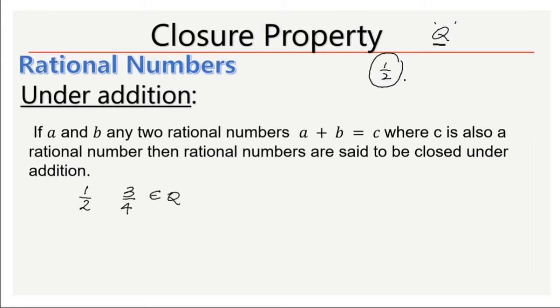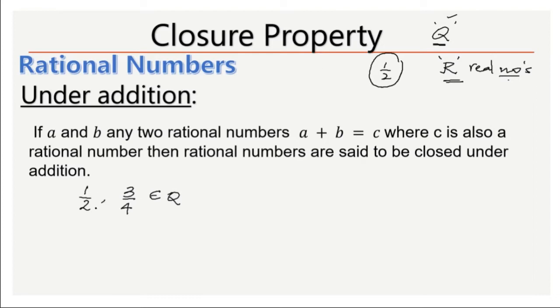Since the quotient starts with the letter Q, the rational numbers are represented by the letter Q. You will study in class 9 onwards that there is another set called real numbers, and the real numbers are represented using the capital letter R. So remember, rational numbers are denoted by capital letter Q.